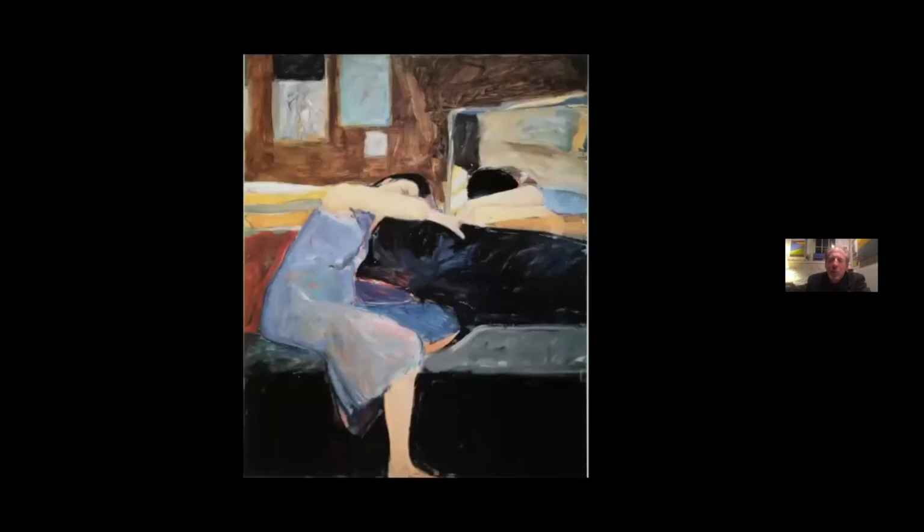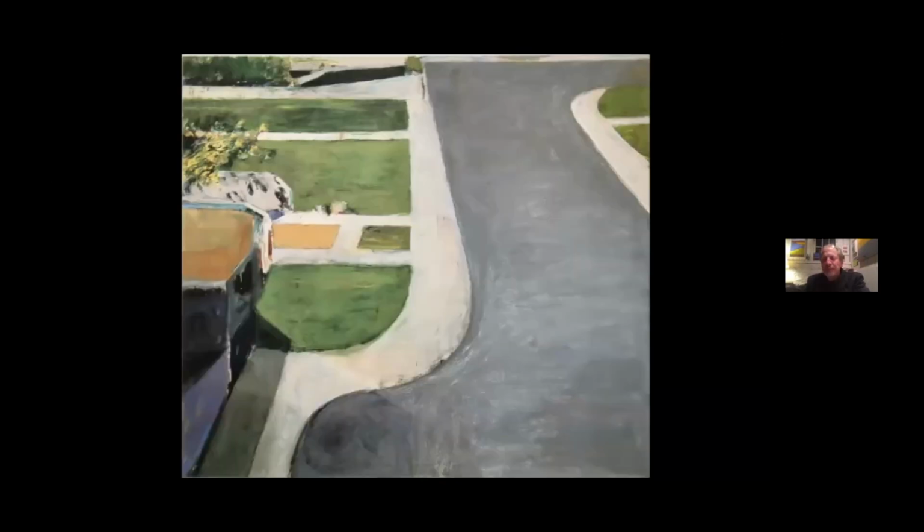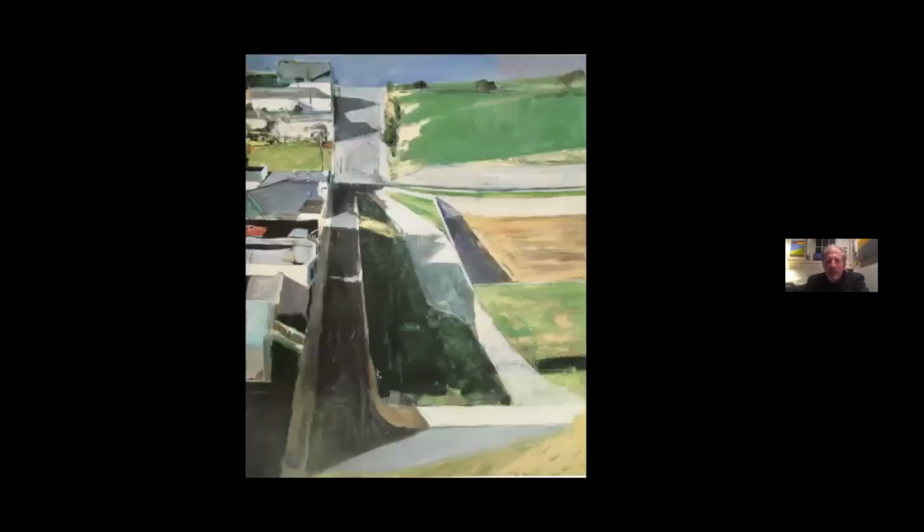This is, by the way, Diebenkorn playing with the mirror. But his perception, I've done so many road paintings and pavements and telephone lines that I feel like Diebenkorn and I obsessed with a lot of the same things. You notice the top of this painting has telescopic perspective in it, which tends to turn things into abstract shapes.